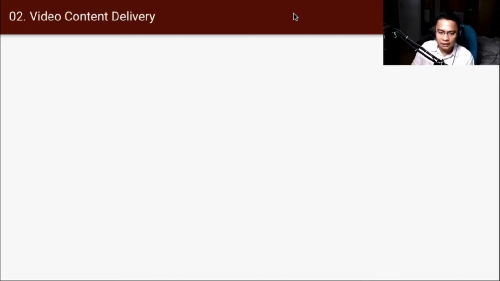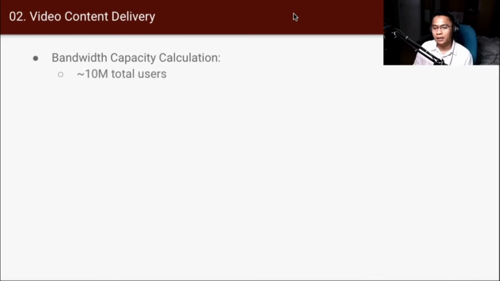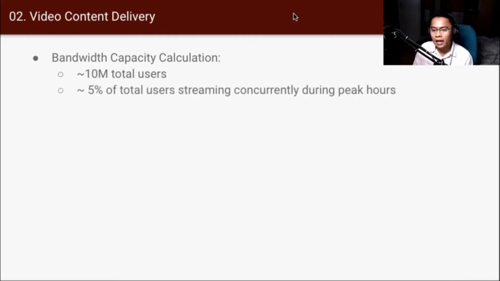Let's go to the second question: video content delivery. Before we can answer the question of how we're gonna deliver video to the user, first we need to do a bandwidth capacity calculation. As we may already know, we have 10 million total users, and 5% of total users streaming concurrently during peak hours.